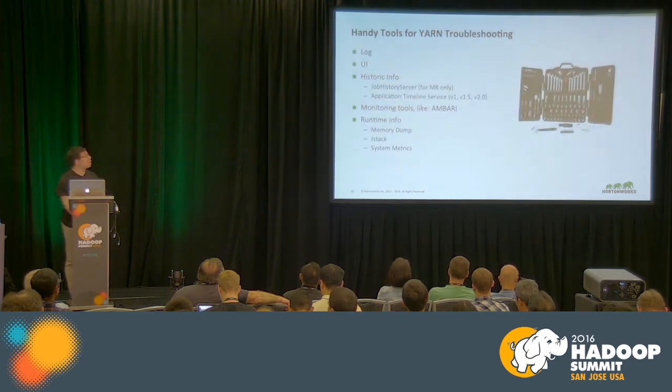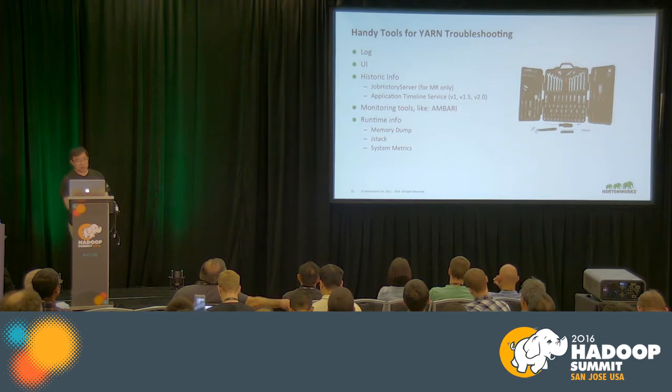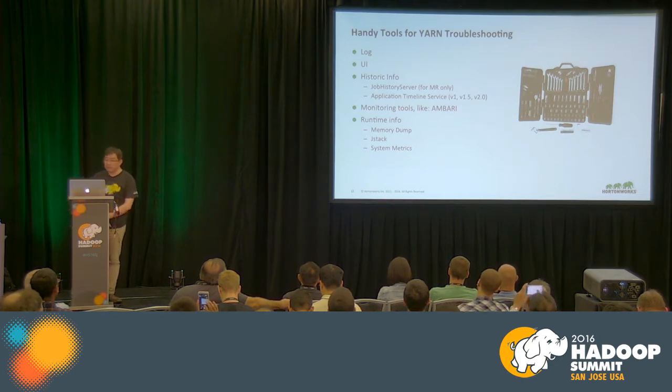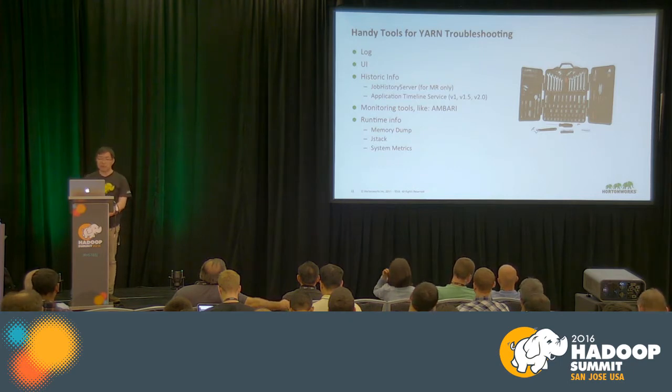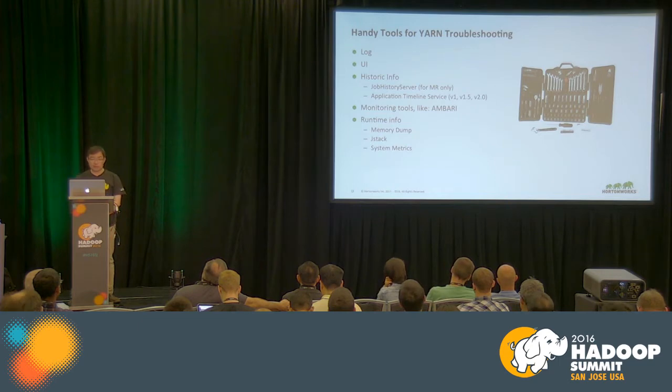Here we're talking about some useful tools for YARN troubleshooting. Of course, the first is the log, which is the most important. Then in the UI part, we have the Ambari UI and the YARN UI itself, where you can track some history and info. We also have the job history server, which is for MapReduce only, and the application timeline service.